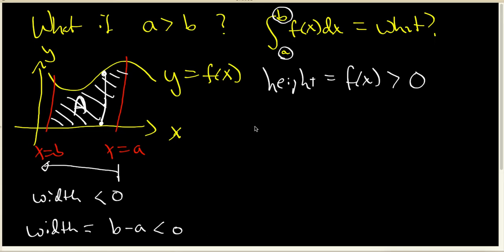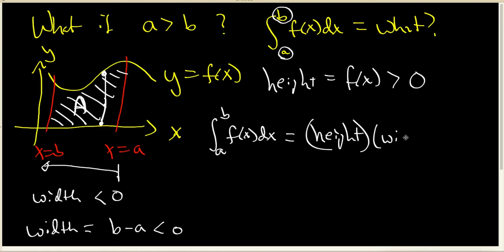So my width is less than 0, my height is bigger than 0, and what that says is that the integral between a and b of f of x dx is still somehow going to be a height times a width, but this time my height is positive and my width is negative, so I'm going to get minus the area that is trapped above the x-axis.